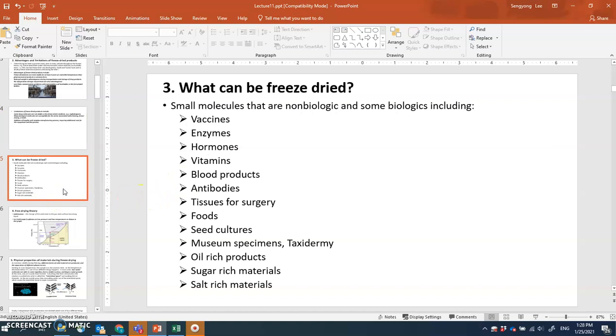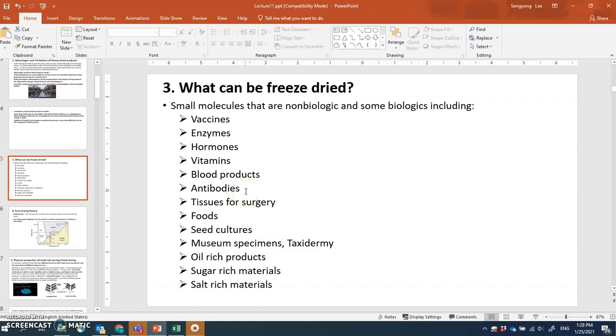And what can be freeze dried? Some small molecules that are non-biologic and some biological molecules can be freeze dried. For example, vaccines and enzymes can be freeze dried. Hormones, vitamins, blood-related products like plasma we talked about. Antibodies can also be freeze dried.